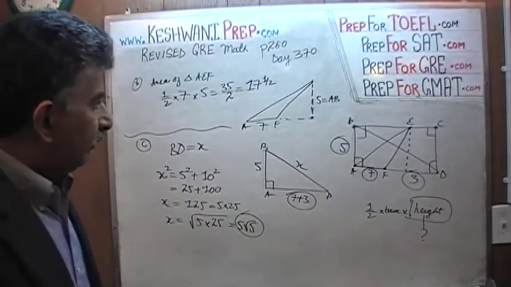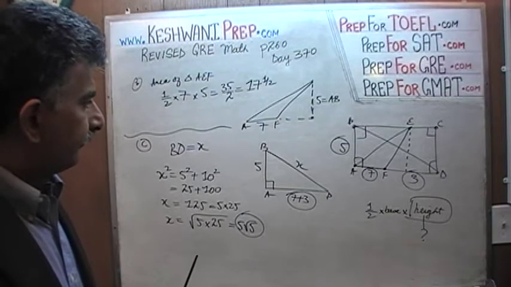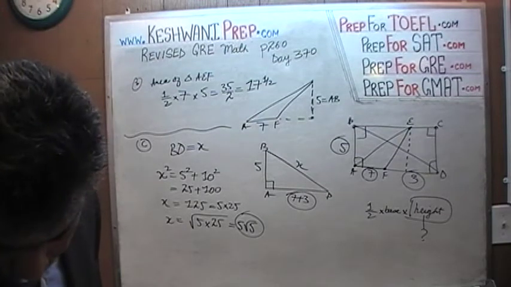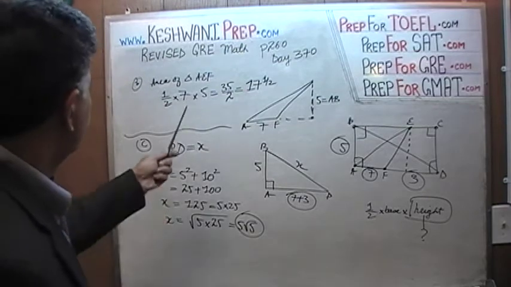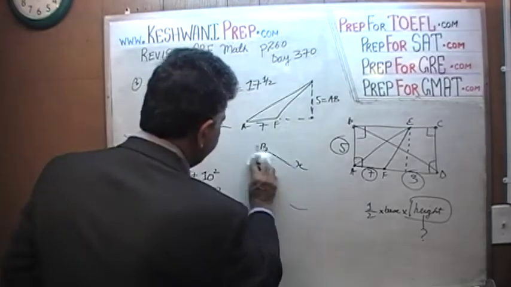The last part they're looking for is the perimeter of this guy. Perimeter is too simple. Let's do it here.